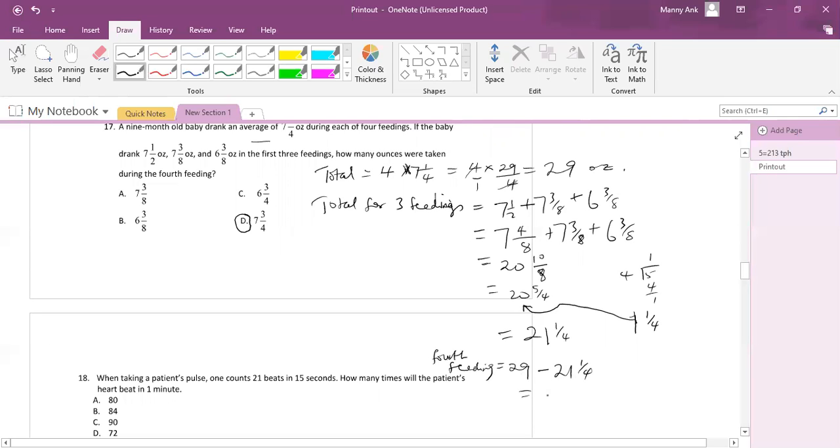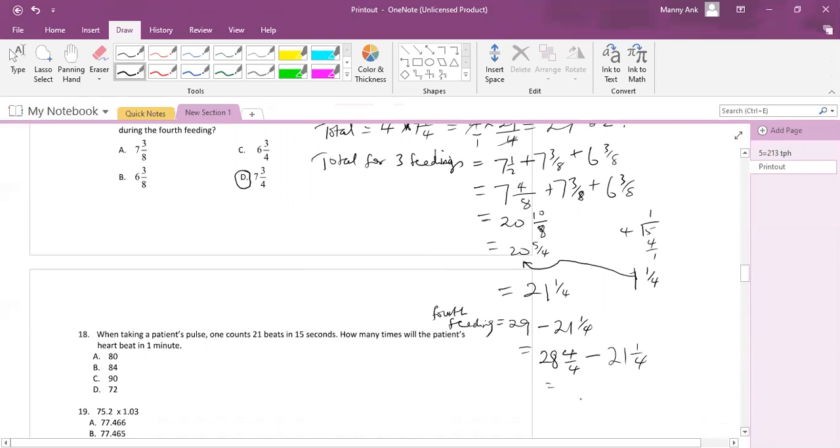So I can subtract. So I'll borrow 1 from 29, so it becomes 28 whole numbers. The one that I borrow is in terms of 4 parts. So it's 4 out of 4. And then I can take this out of it. So we end up with 28 minus 21, which is 7. And then 4 minus 1, which is 3. So you have 7 3/4 as the 4th feeding.